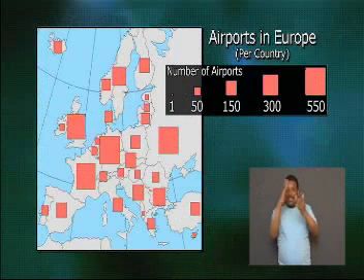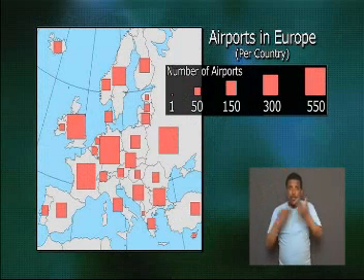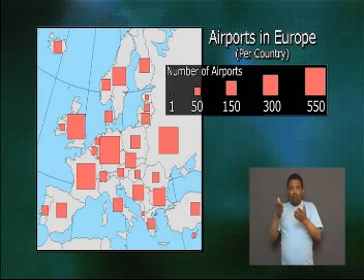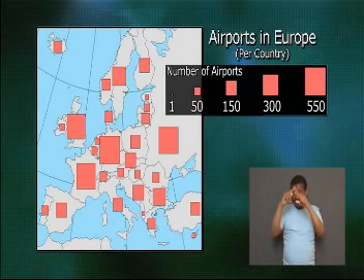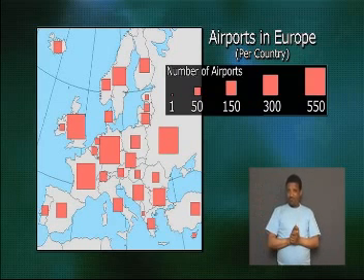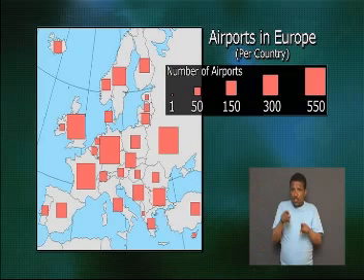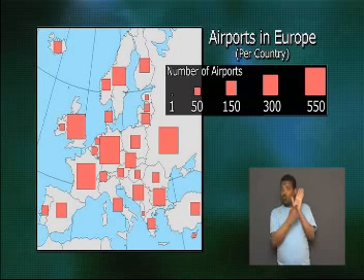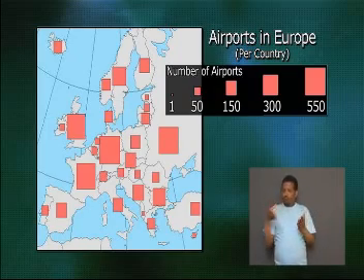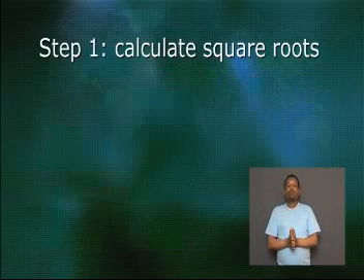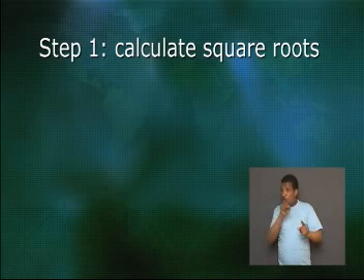Some diagrammatic maps use proportional squares to make comparisons. The area of each square is proportional to the quantity it stands for. Students, as you will have seen in your textbook, there are 3 steps involved in showing distributions using proportional squares. Let us review the steps together. In step 1, you calculate the square roots of the given values.